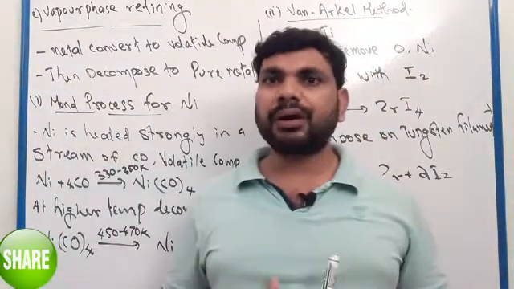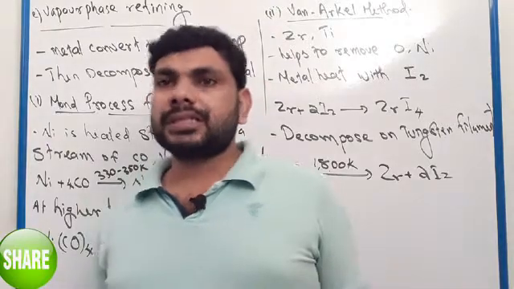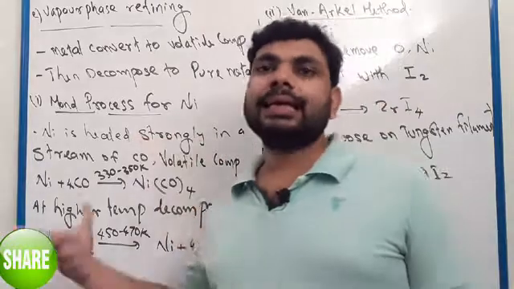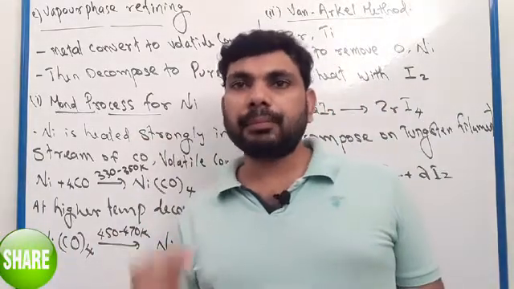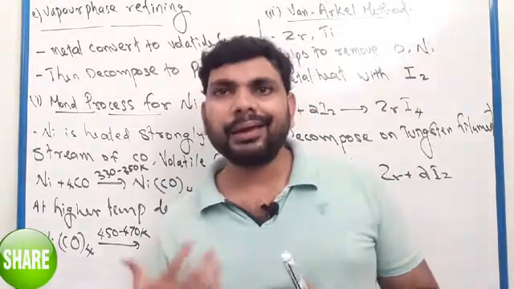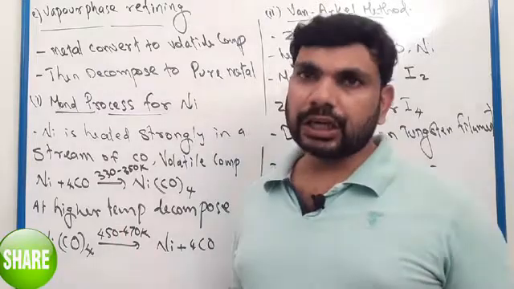So the first one we have to discuss is the Mons process. This method is used to purify nickel. You have to remember the method and which metal is purified using this method: Mons process, nickel.